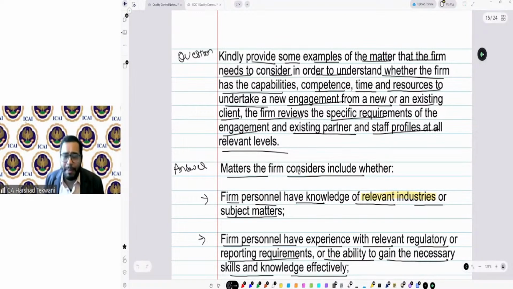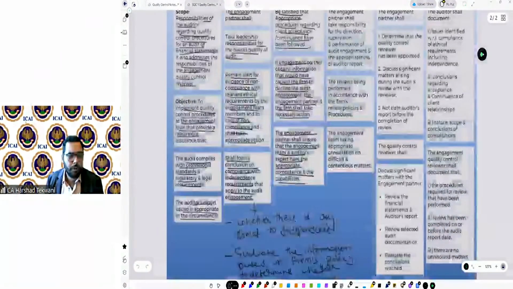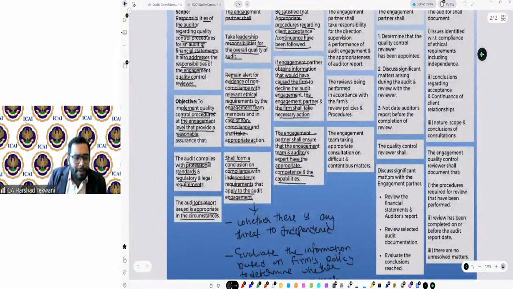He has to understand practical experience, understanding of professional standards and regulatory and legal requirements his team has, the team's technical expertise, knowledge of the relevant industry, and ability to apply professional judgment. Similar lines of SQC1.